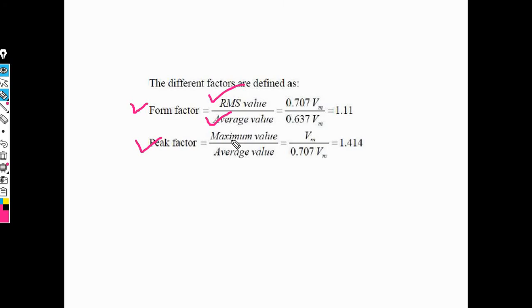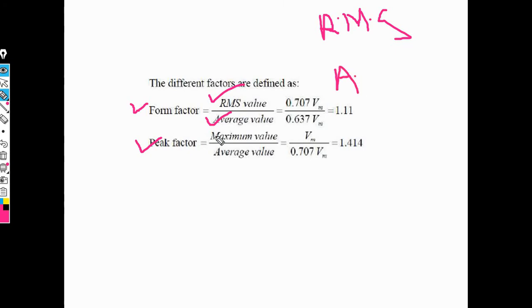Okay, now we need expressions for RMS value, average value, and maximum value. That means we need three expressions, that is RMS value, and then average value. Now we have to explain the concept of RMS value and average value.